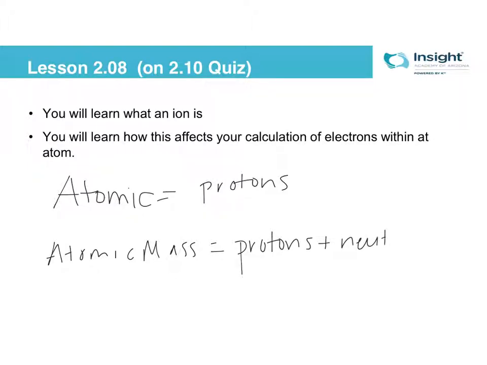And for electrons, we just talked about how to deal with neutral atoms. A hint: ions are going to have something to do with these electrons. But remember, your atomic number is always equal to your protons. Your atomic mass is protons plus neutrons. That's not going to change here.